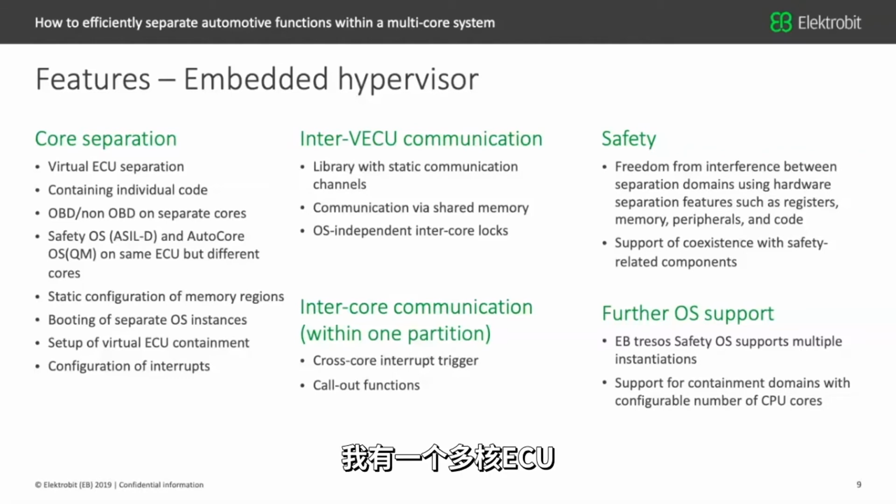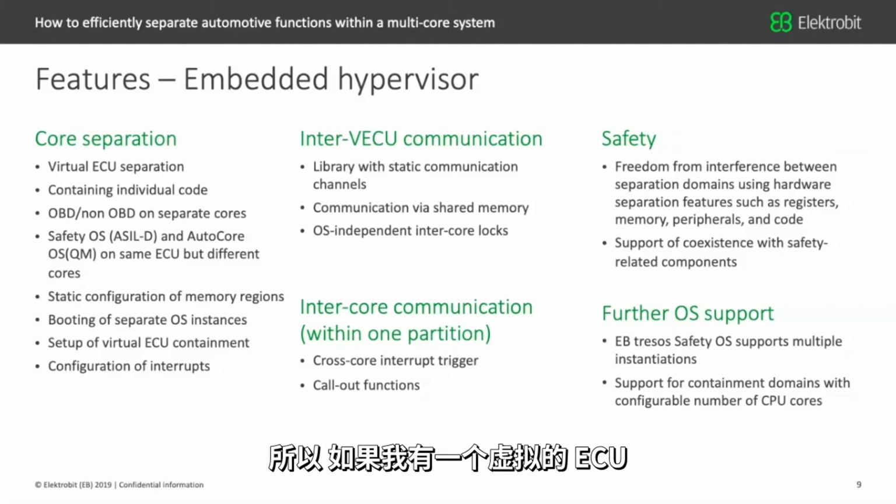I have a multi-core ECU, and I do have cross-core calls. I use cross-core interrupt triggering call-outs, so the RTE has certain features for shared memory or inter-core communication. The same mechanisms are still available within one virtual ECU. So I have inter-core communication if I have a virtual ECU which is set up as a multi-core system.